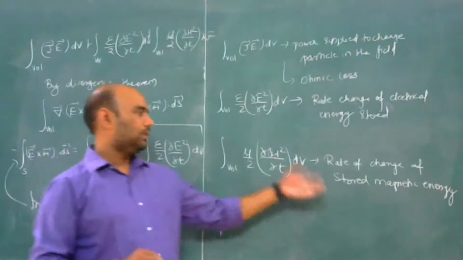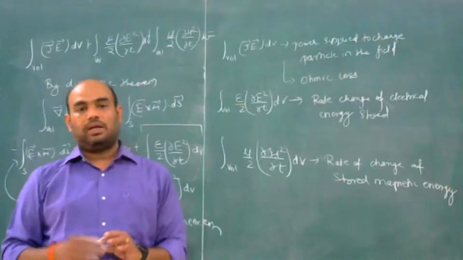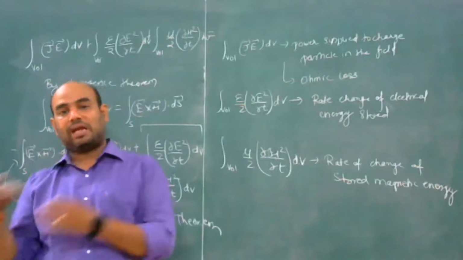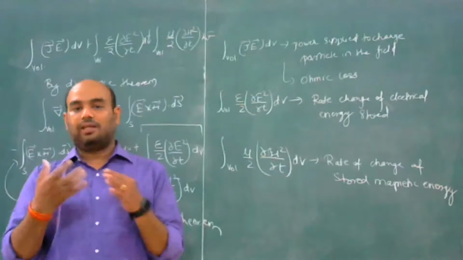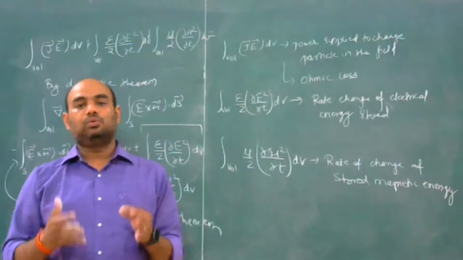So this will be the rate of increase of the stored magnetic energy. And if the integral is negative, the magnetic energy is being extracted from the magnetic field, causing the field to decay.